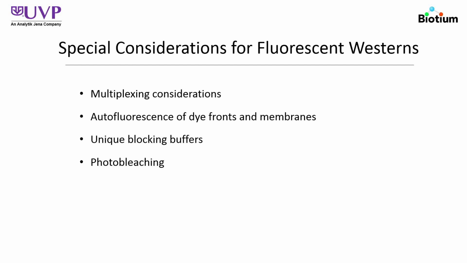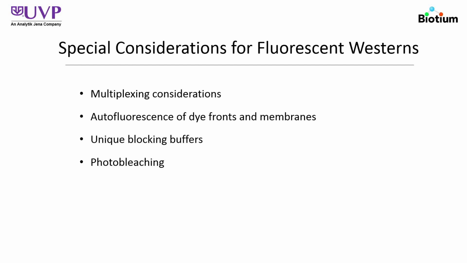Membranes also, so nitrocellulose and PVDF membranes used for Western blotting, can have some fluorescence background. This tends to be more of an issue for the PVDF membranes, and so it's important to choose a membrane that is specifically designated for fluorescence applications.